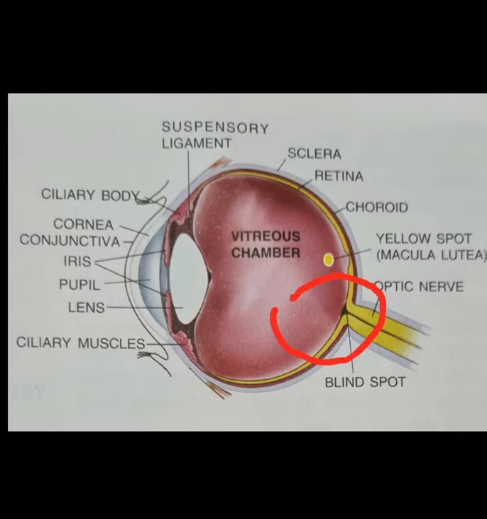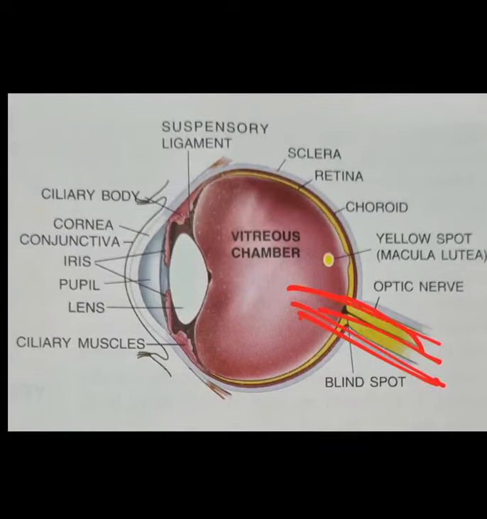Now this is the point where the nerve fibers, that is the axons of all the sensory cells present in the eyeball, bundle together to form the optic nerve. Blind spot is the point where the nerve fibers of all sensory cells in our eye bundle together to form the optic nerve.